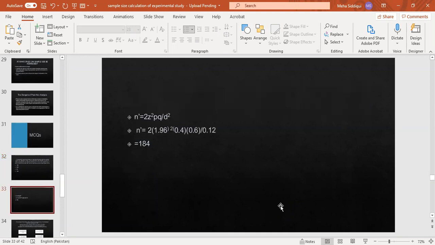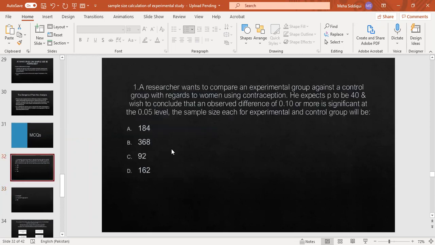This is how we calculate it. Using this formula, 2Z squared PQ over D squared. As we have seen, the value of Z at 95% confidence interval is 1.96. And the values 0.4 and 0.6, we have got this, that is, he expects P to be 40.